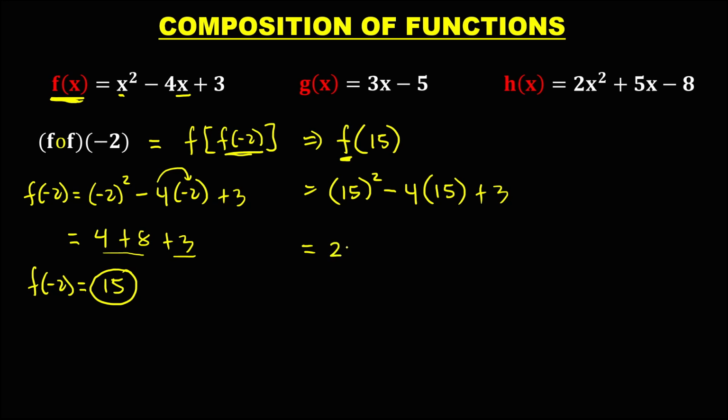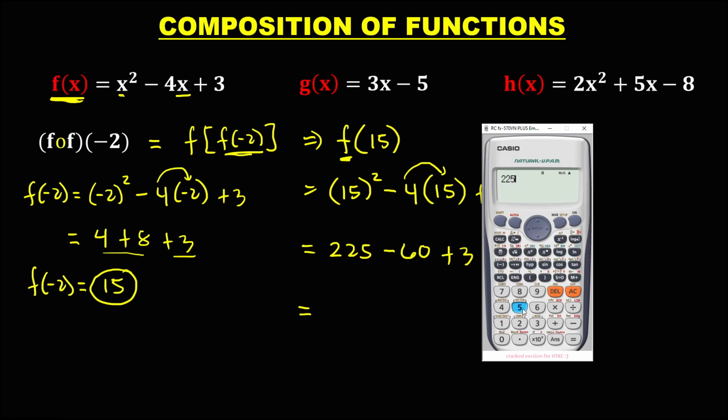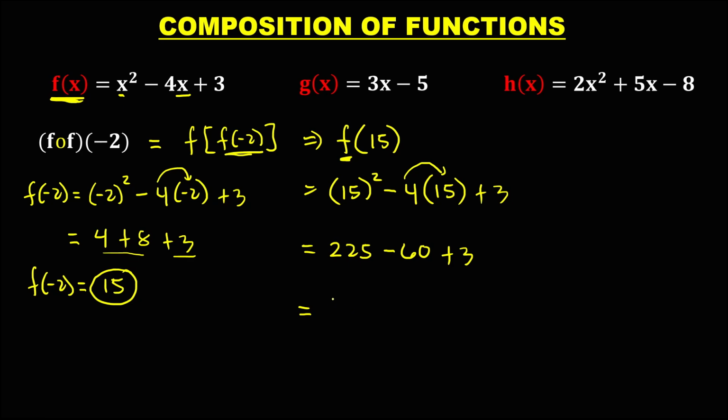This is equal to 225. Then this negative 4 times 15, this one is negative 60. Then bring down positive 3. Then to simplify, this 225 minus 60, then plus 3. So that's equal to 168.